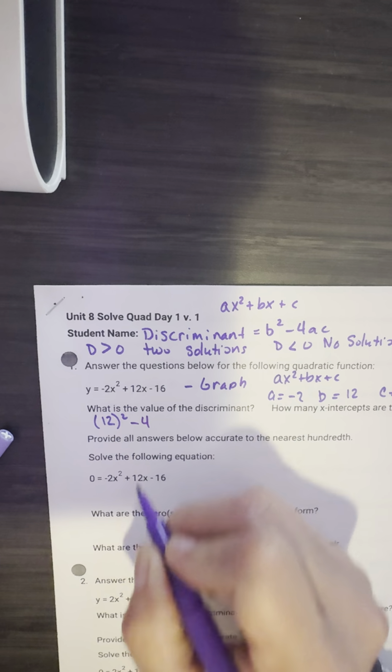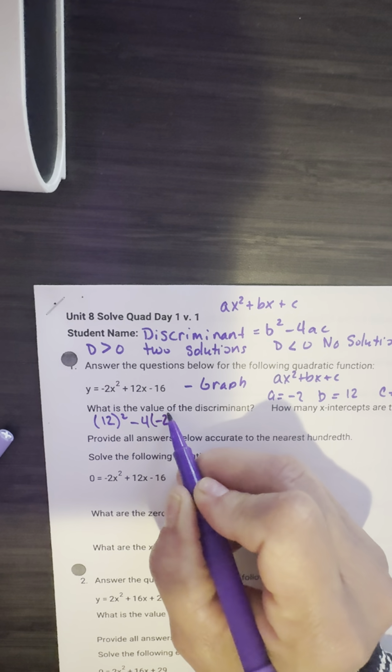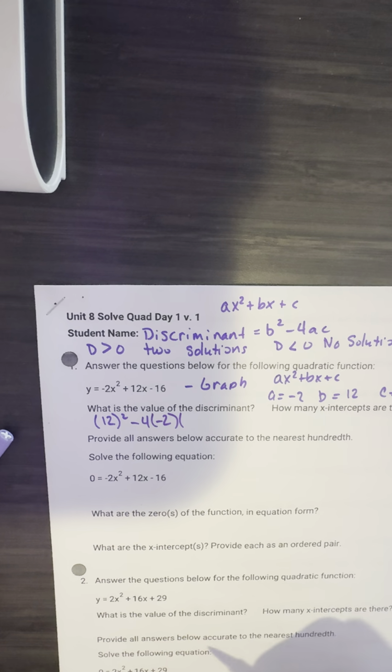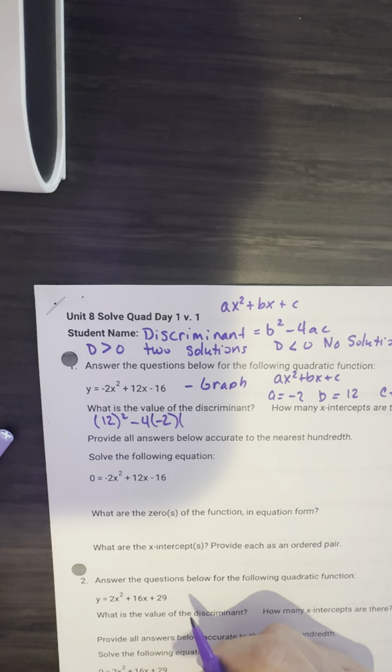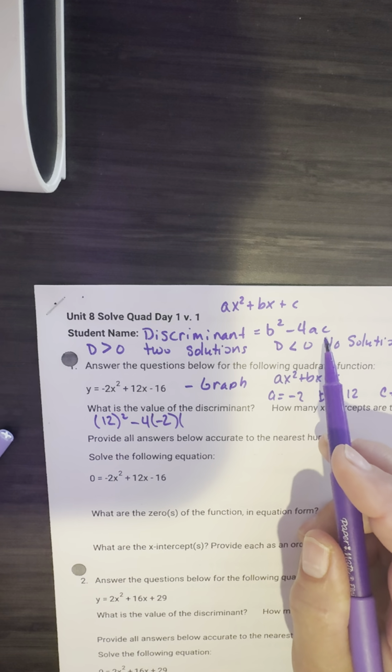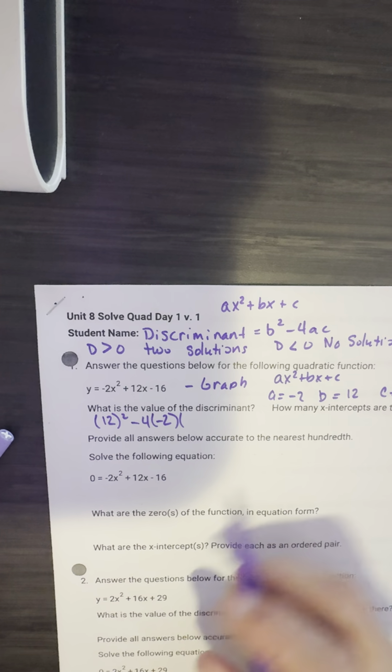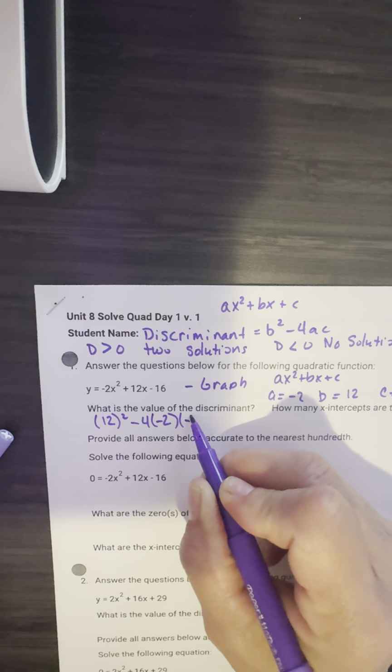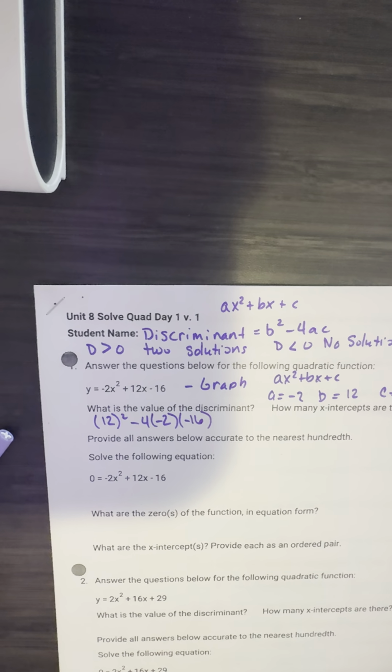Minus 4 times a, which is -2, times c, which is -16. Okay, what do y'all get?